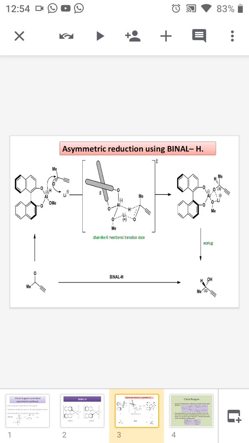Since the binaphthyl is a bulky group, the BINOL can approach the carbonyl group only through one side, and since it is passing through a cyclic six-membered ring transition state, we have to avoid the 1,3-diaxial interaction also. So this is the final product. We know that only a single product is formed here, and the configuration of that compound is S. And the BINOL is acting as a chiral reagent here.